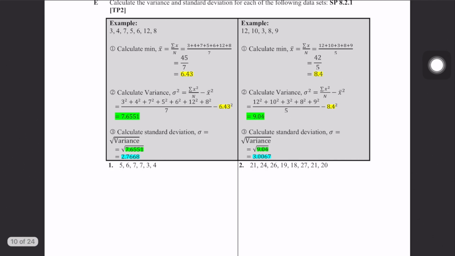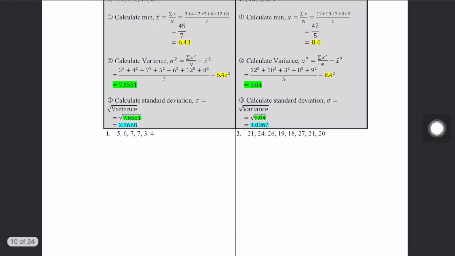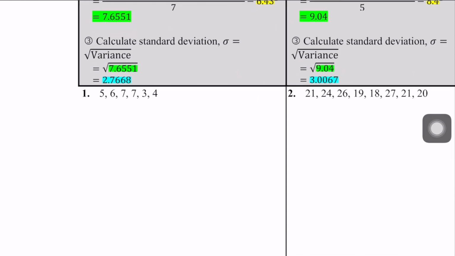This example you can have a look later. Let's look at number one. First, let's calculate the mean. For mean, we usually use the symbol x bar.